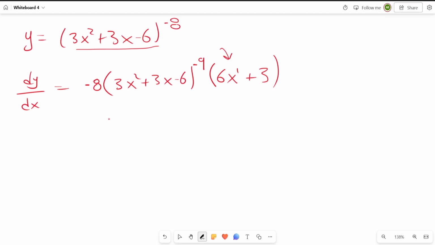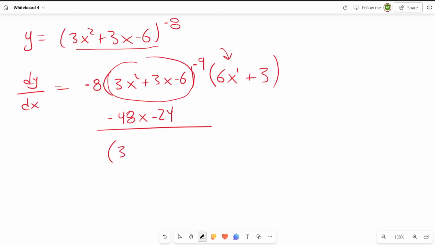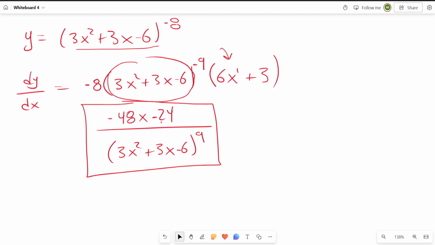So I'm going to have negative 8 times 6 is basically negative 48x, and then minus 8 times 3 is basically 24. And then I will put this whole thing in the denominator because it has a negative power. So it's going to be 3x squared plus 3x minus 6 all to the power of positive 9. And this is going to be my answer.